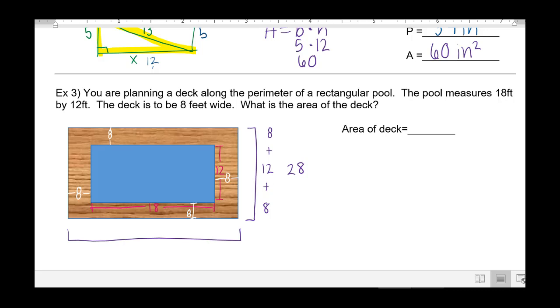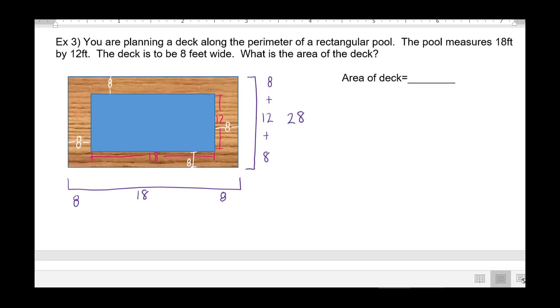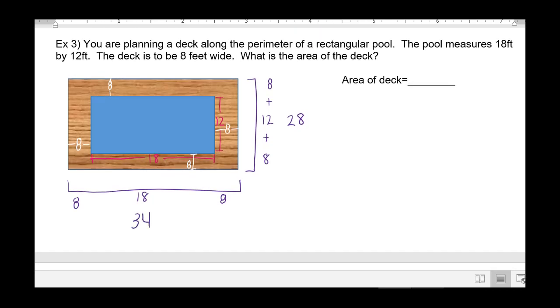I'll do the same thing to figure out that other whole length. 8, I have 18, and then I have 8, which I'll add all together to create that measure of 34. So I'll find my area of the total by multiplying my 28 by 34 feet. Multiply those together, and I get 952 feet squared.